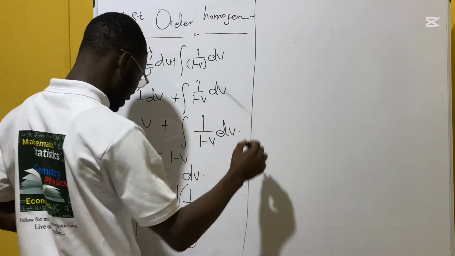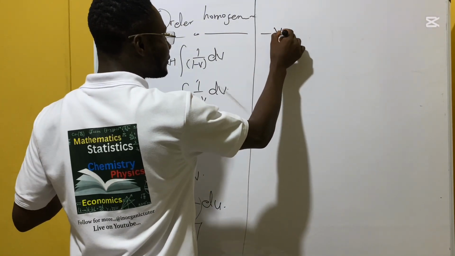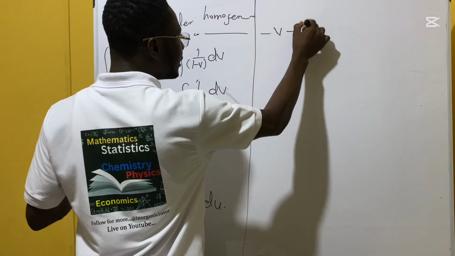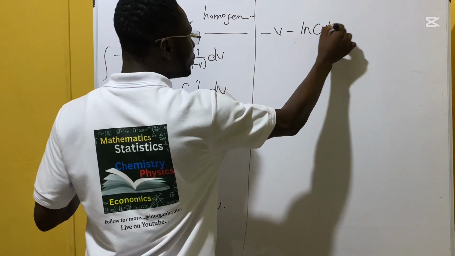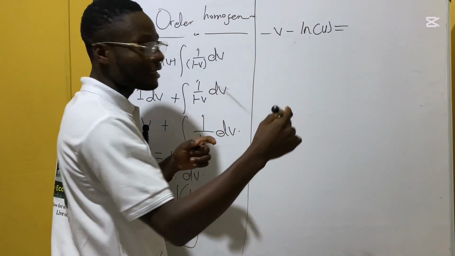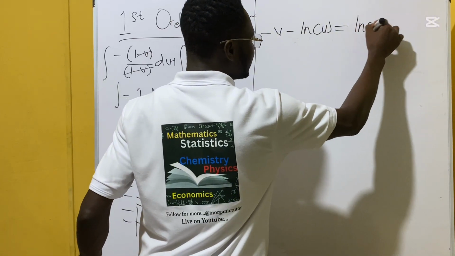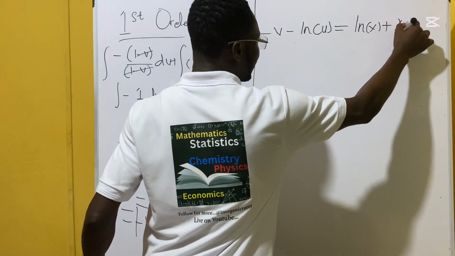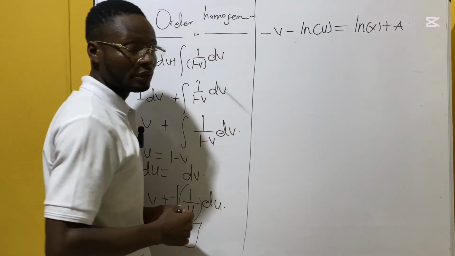So we have negative v minus ln u, which should be equal to the right hand side. We had ln x plus our constant of integration.